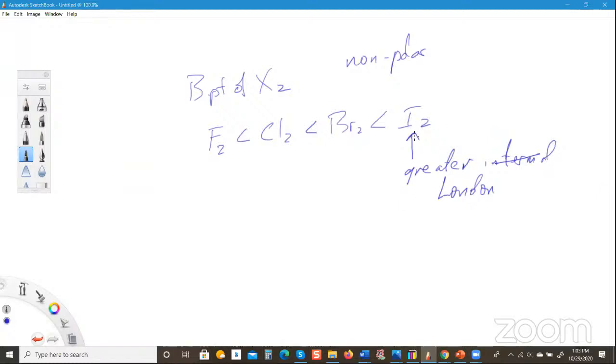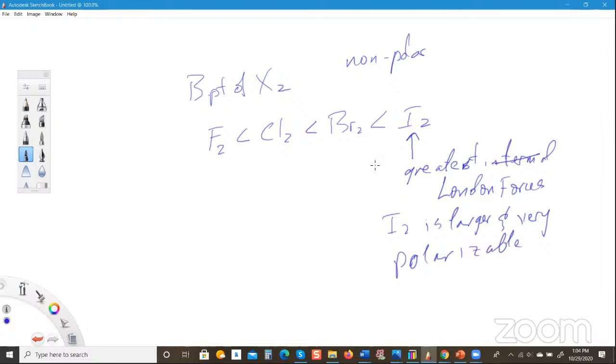So in the case of iodine, it has in this series the greatest London forces existing within it. And the reason why is because the iodine molecule is larger and therefore very polarizable.